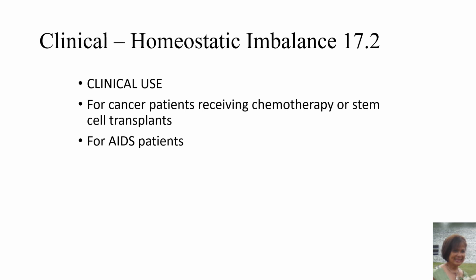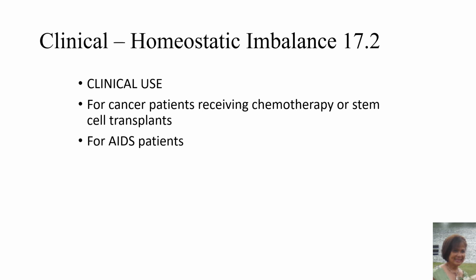Let's take a look at some homeostatic imbalance. The clinical use of the hormones for erythropoiesis and for leukopoiesis is for cancer patients that are receiving chemotherapy or that would need a stem cell transplant.